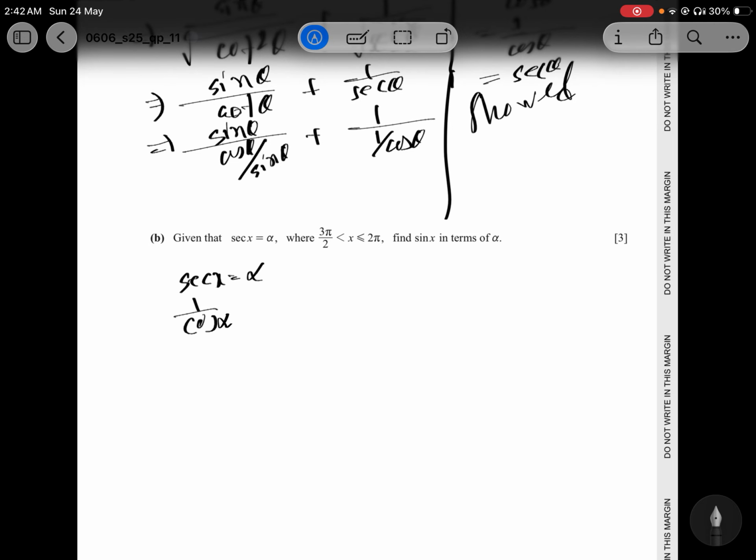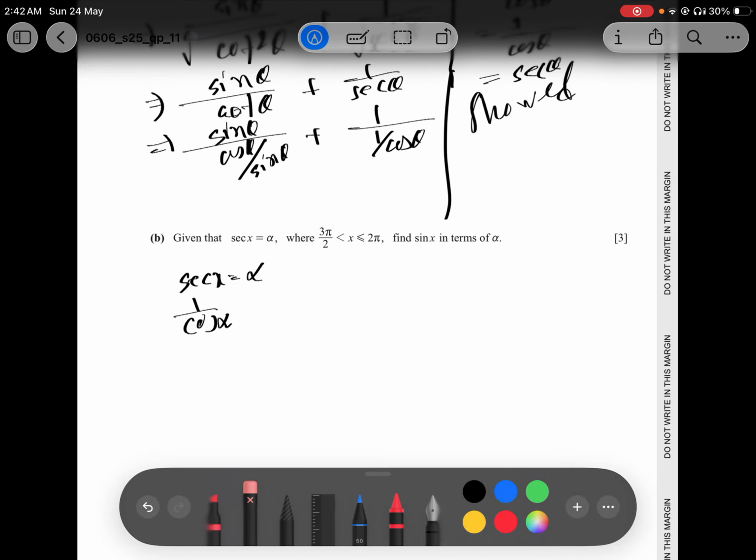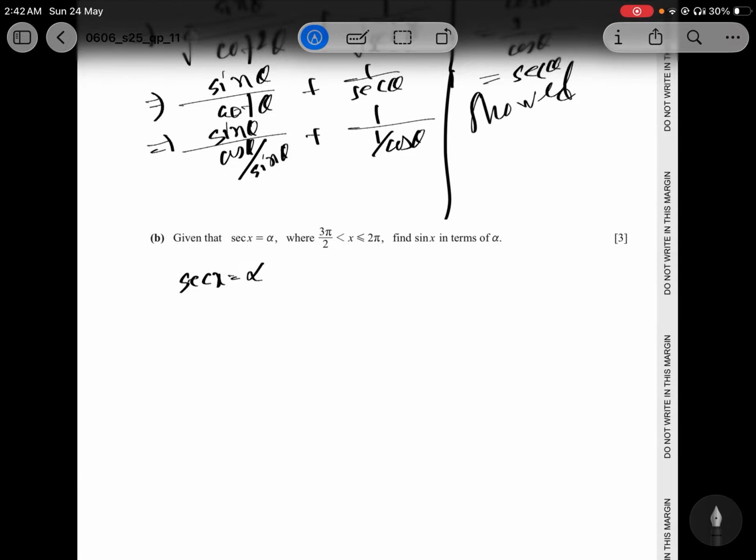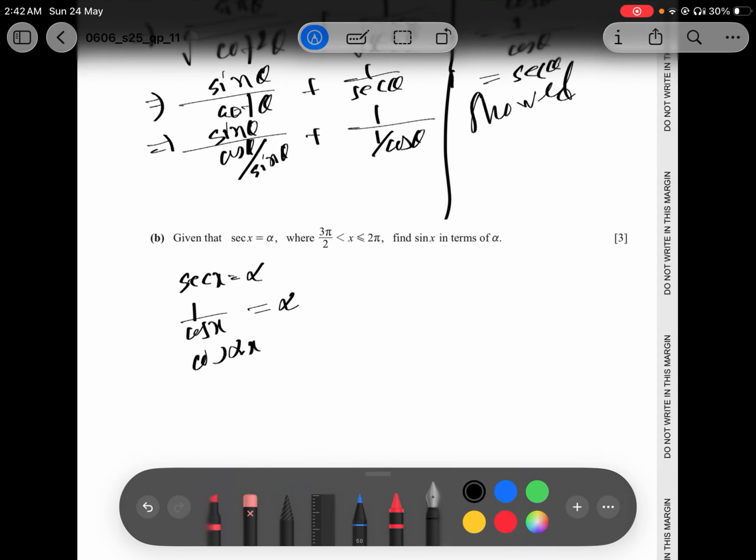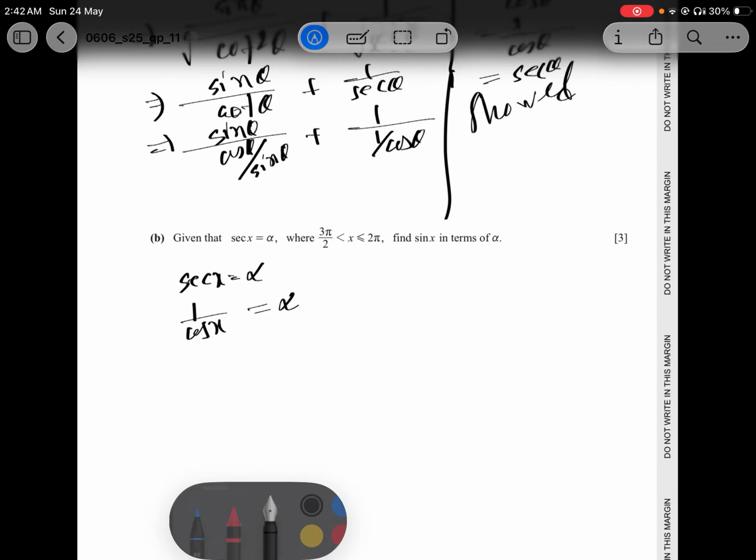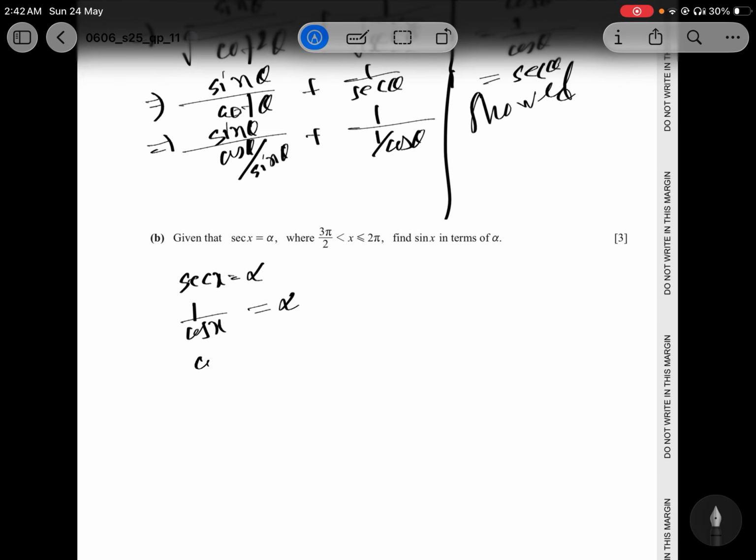So 1 by cos of x is equal to alpha. So cos of x is equal to 1 over alpha.